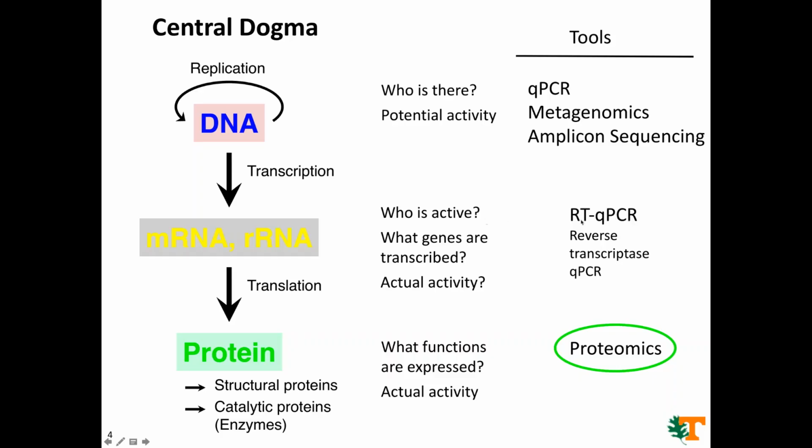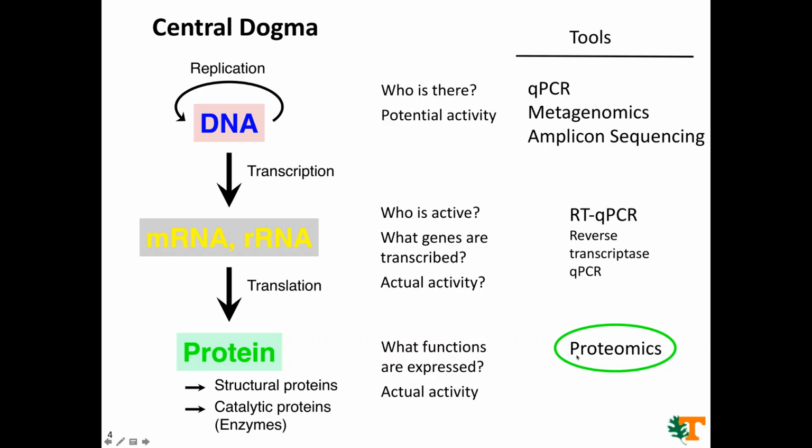The tool to get quantitative information about the RNA is in principle qPCR, but you have to have an additional step that's called reverse transcription. You use a specific approach to transcribe the RNA into DNA, and then you quantify the DNA. This is detail. Just realize that we can quantify RNA.